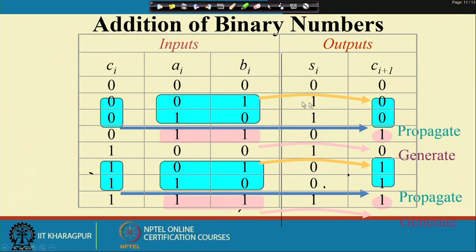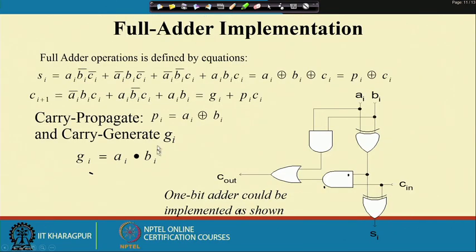Now if the carry in is 0, then carry out is 0. If carry in is 1, at that time carry out becomes 1. So, for carry propagation, the logic is Ai XOR Bi. Okay.